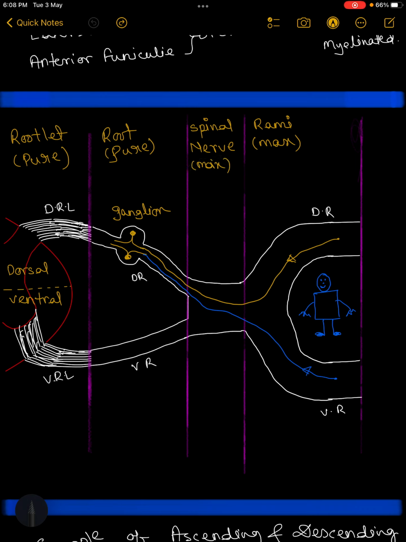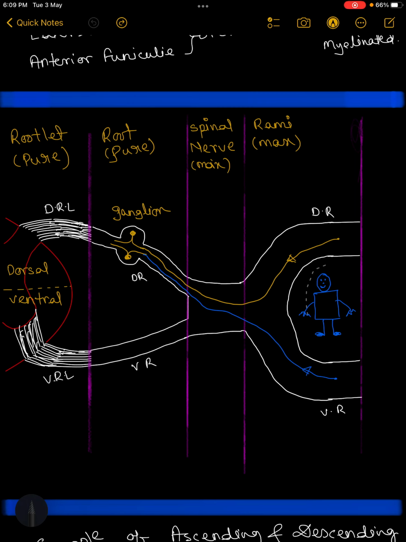Now, this spinal nerve will bifurcate into two parts known as rami. So again, we have a dorsal rami and a ventral rami.